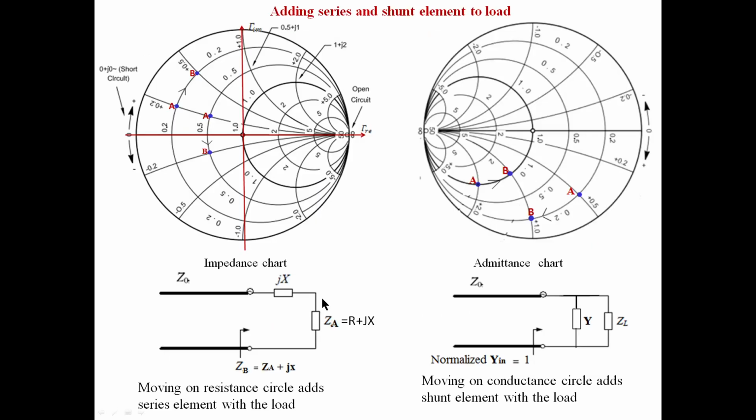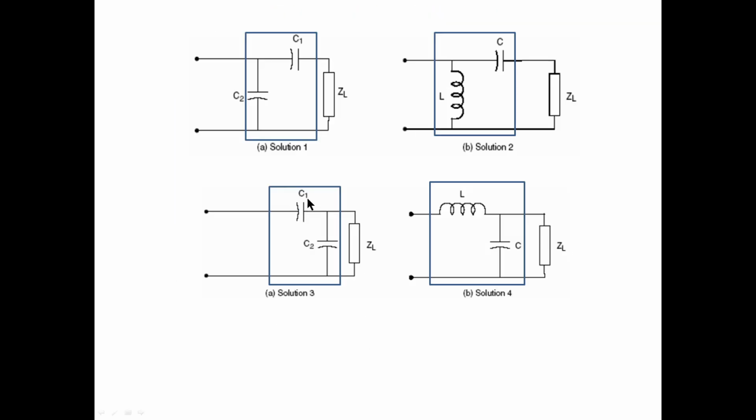But how to add that? What should be the value of these components, this component and this component, to make the impedance between these two terminals equal to our transmission line characteristic impedance? To find these values, by adding these two along with this, the impedance here should be equal to 50 ohm, the characteristic impedance.